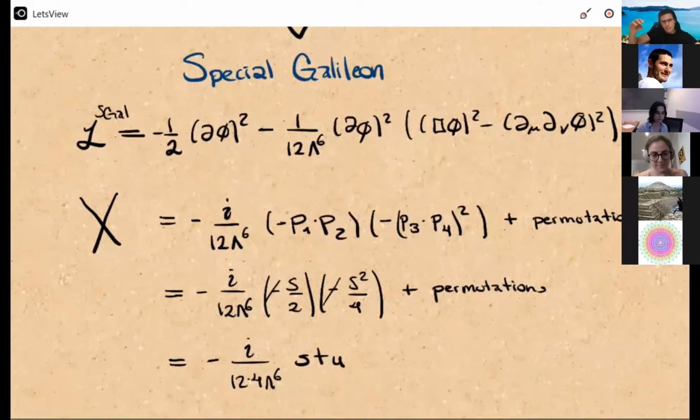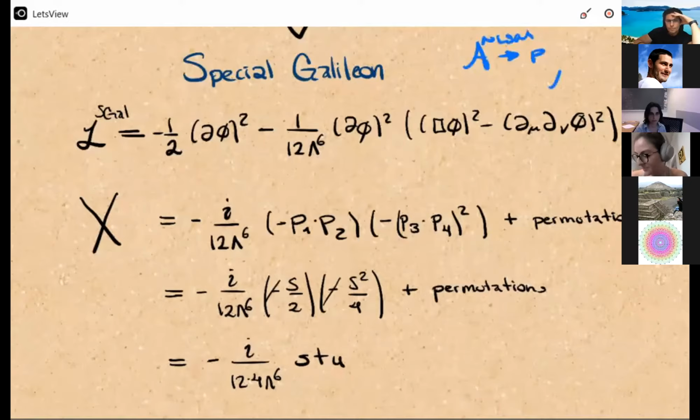Your point is that they will have all the same amplitudes. So I mean, the nonlinear sigma model has amplitudes with a soft limit that goes like p, and this special Galileon has soft limits that go like p cubed. So in the sense that the double copy enhances the soft degree.